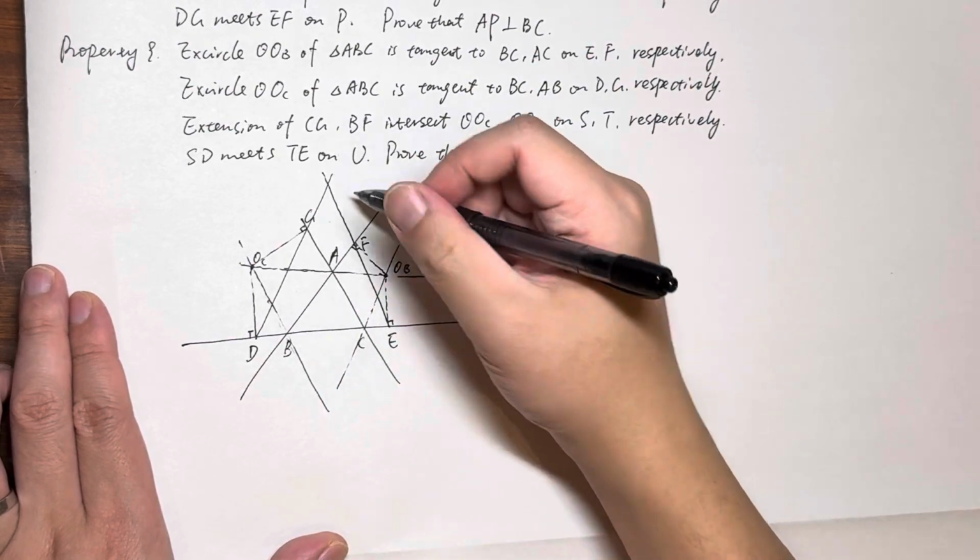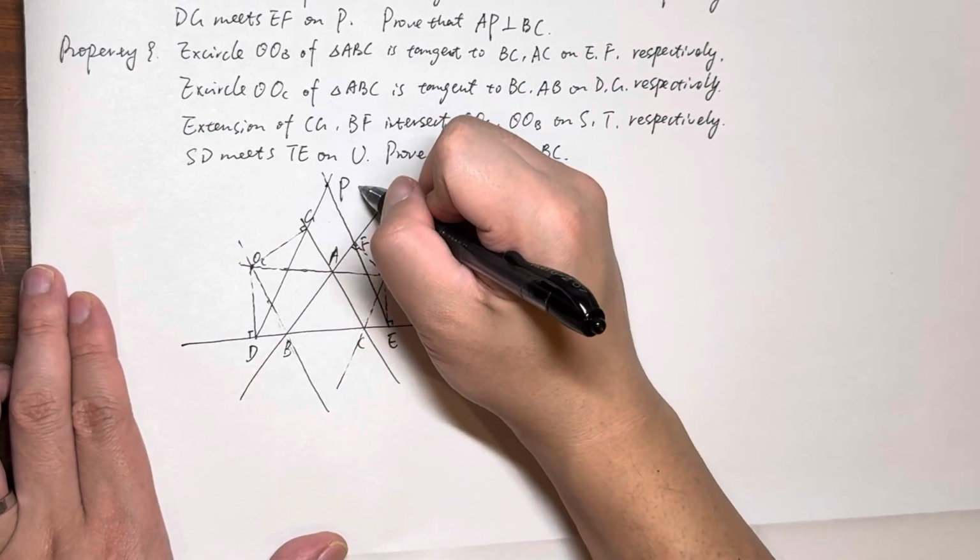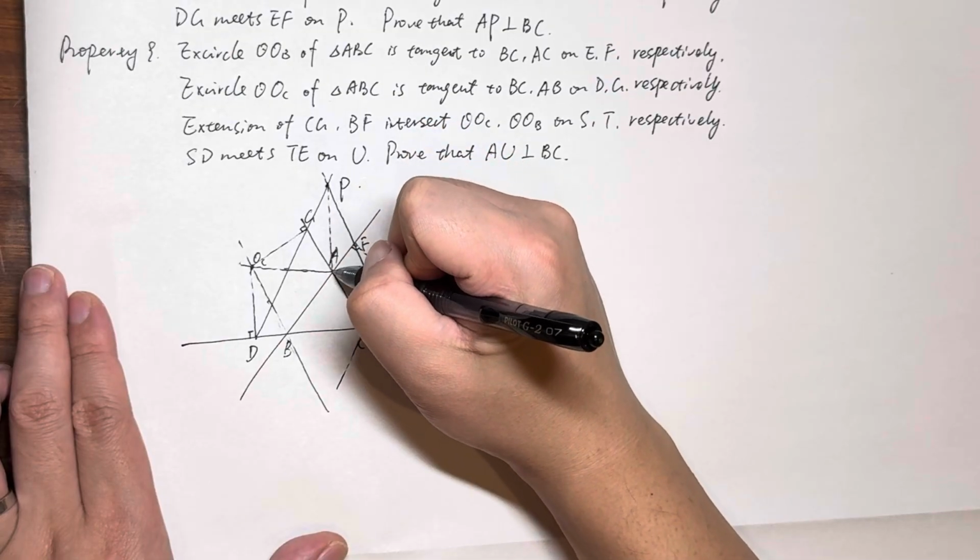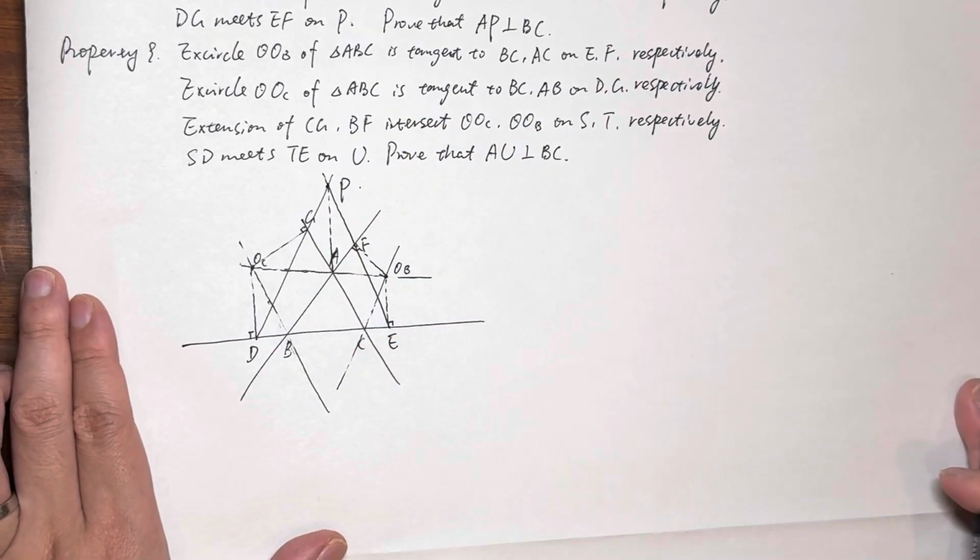So DG and EF meet at point P, and we want to prove that PA is perpendicular to BC.